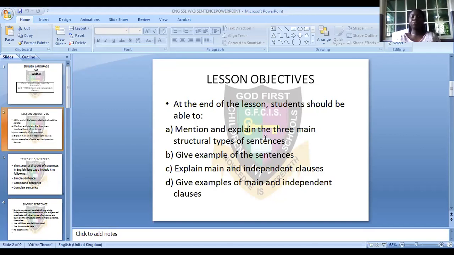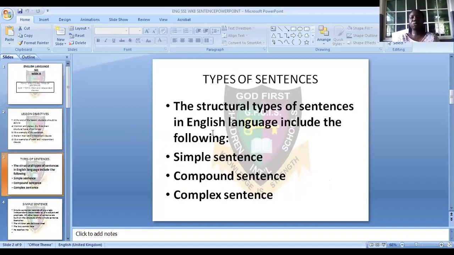Number 3, you should be able to explain main and dependent clauses. Number 4, you should be able to give examples of main and dependent clauses.